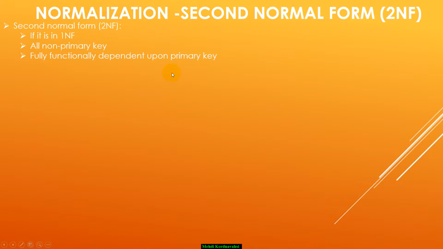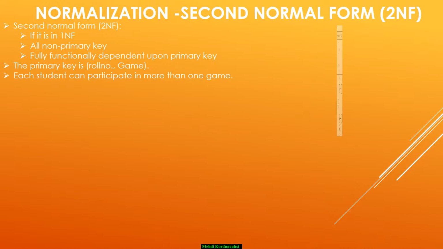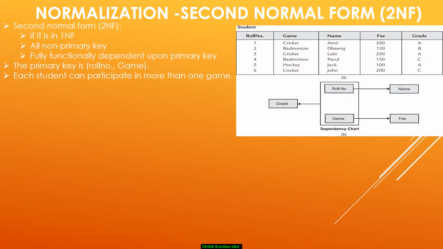Consider the relation student as shown below. The primary key is roll number and game. It means each student can participate in more than one game. Relation student is in 1NF, but still contains anomalies.